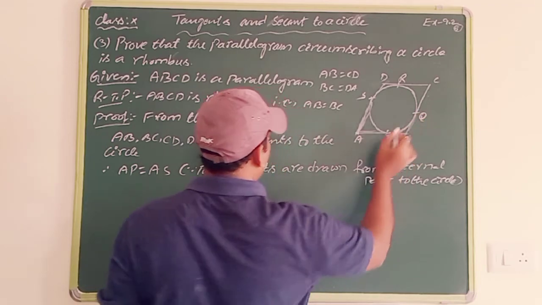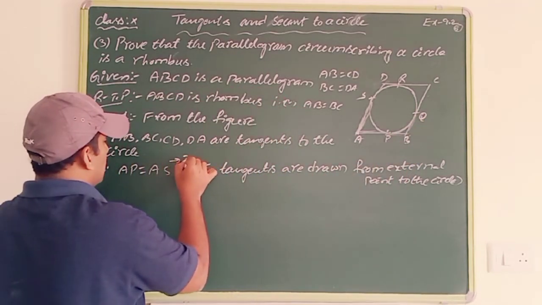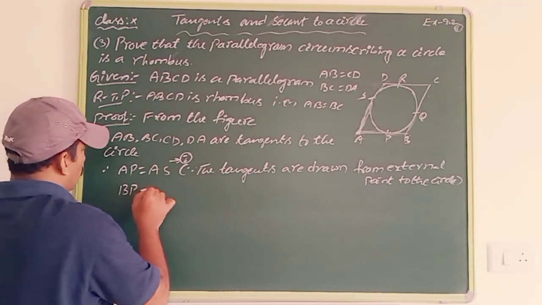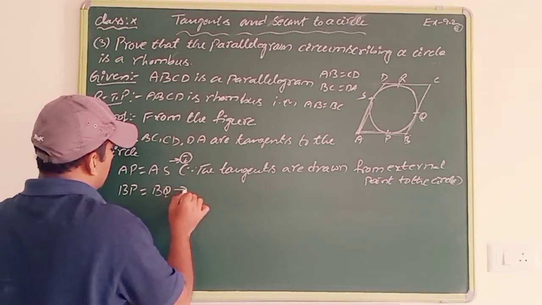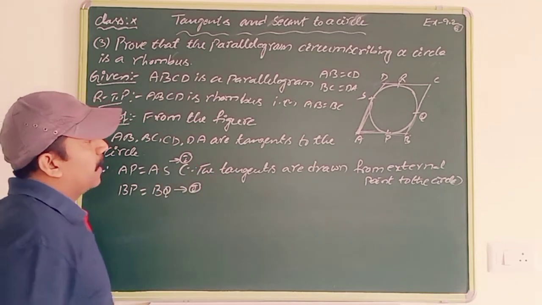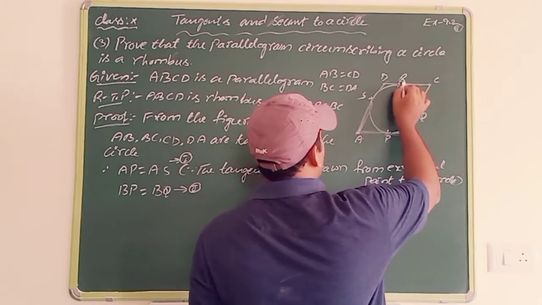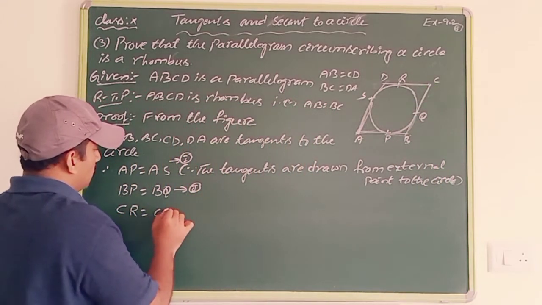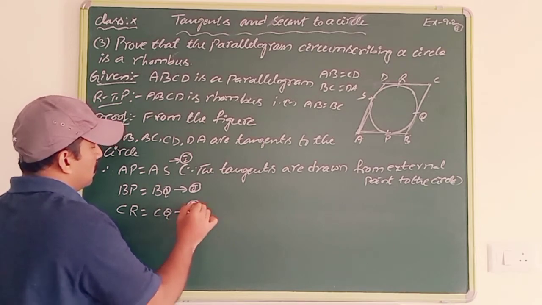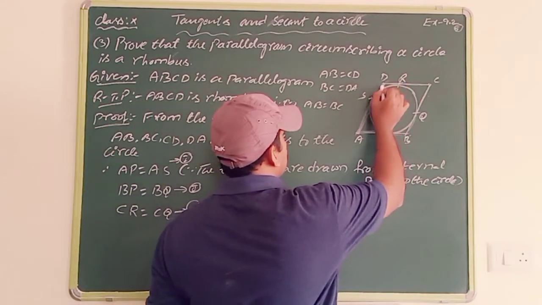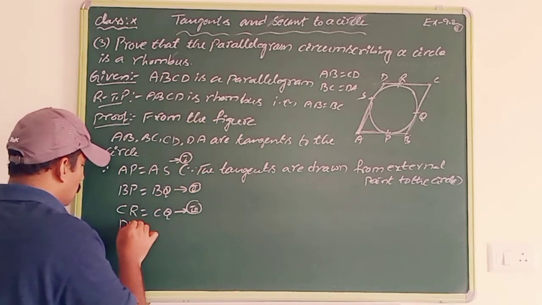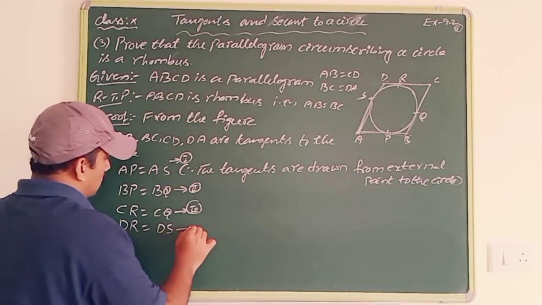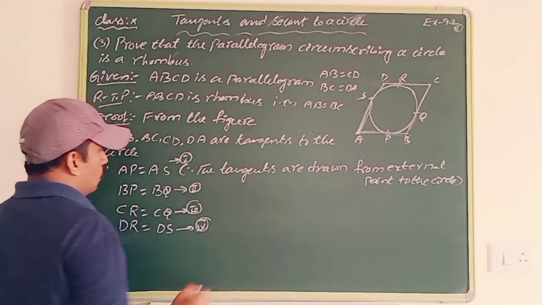Similarly, BP is equal to BQ. This is condition number 1. Now BP is equal to BQ, condition number 2. And here CR is equal to CQ, for the same reason. Now DR is equal to DS. This is number 4.